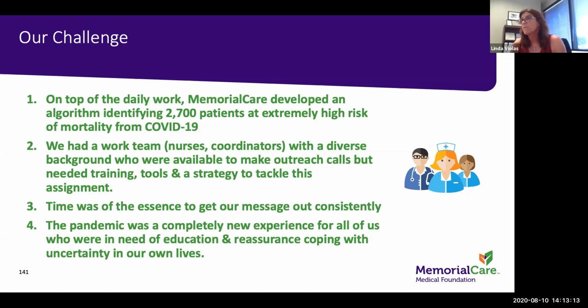Some of these nurses have not talked to patients in a long time. They've been doing a lot of data mining and a lot of reviews. So we had a lot of training needs and different things that we had to think about, and tools that our team would need to really make this efficient so that they could get in and get out and get through this assignment. We were told by our administration time was of the essence.